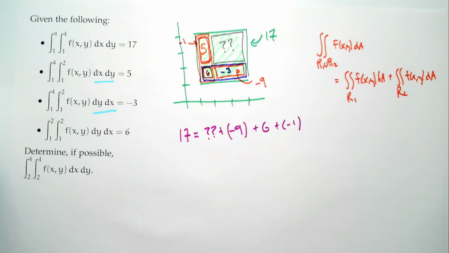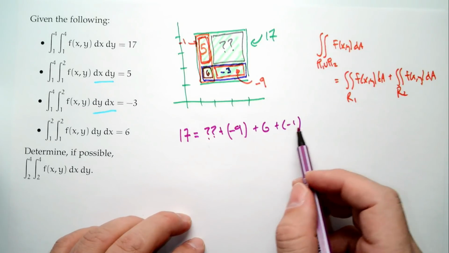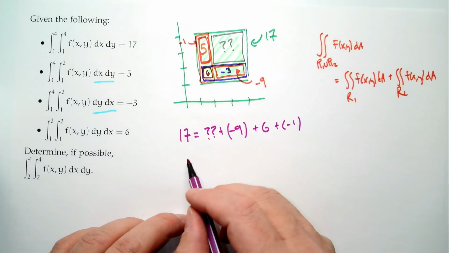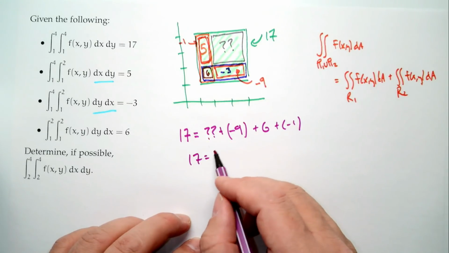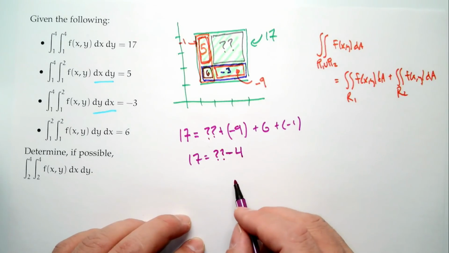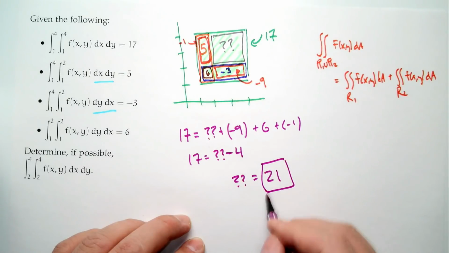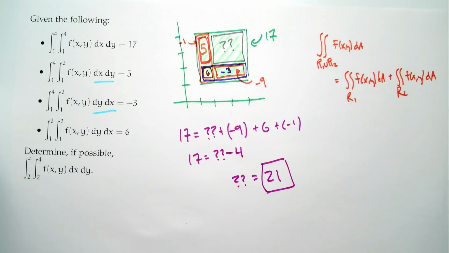Now we can simplify first. -9 minus 1 is -10, plus 6 would give us -4. If we add 4 to both sides, we'll see that the integral we were after is worth 21.